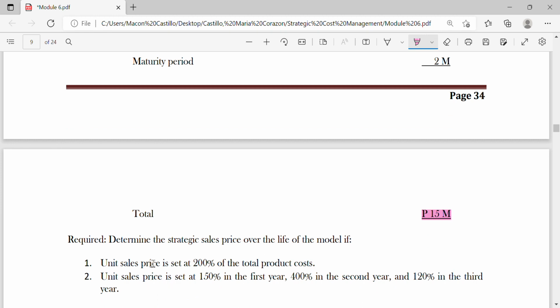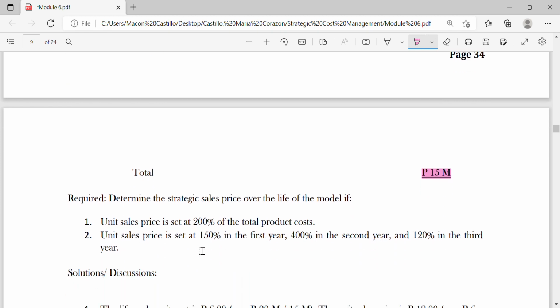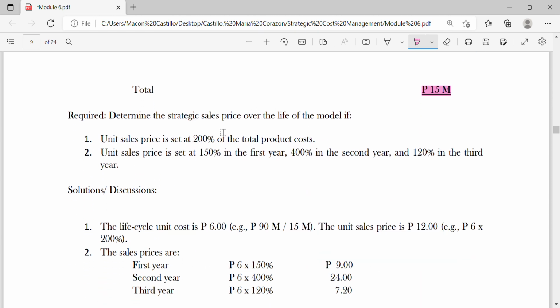So for the requirement, determine the strategic sales price over the life of the model. If the unit sales price is set at 200%, or the unit sales price is set at 150%, 400%, and 120% in the first, second, and third year. So as I have mentioned, one of the reasons why we compute for the product cost is to set the price.